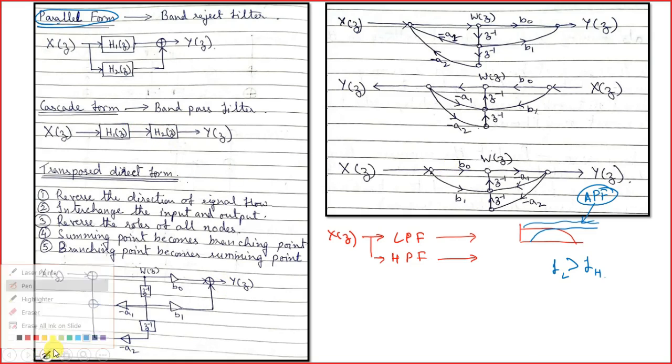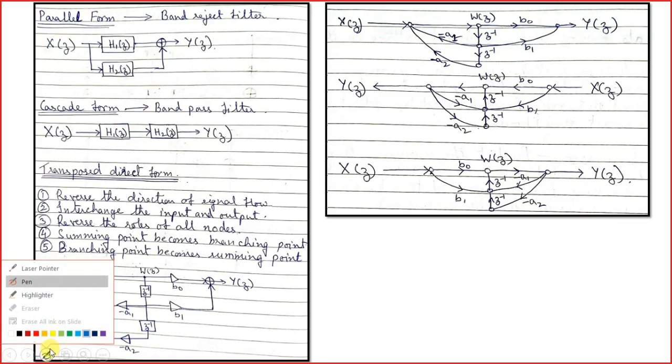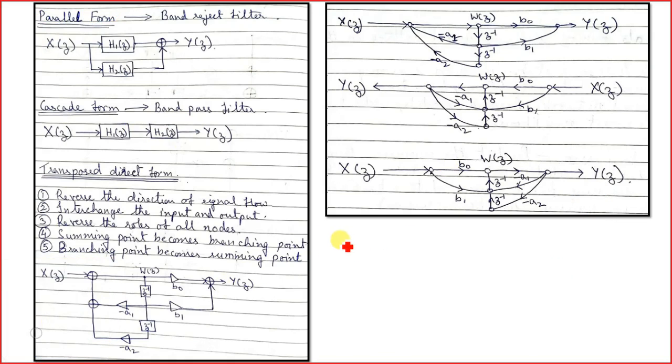So under these circumstances, what we need to do is, suppose you have X(z), you pass it to H1(z), which is for the LPF. When we pass the signal initially to the low pass filter, we get a signal component like this.